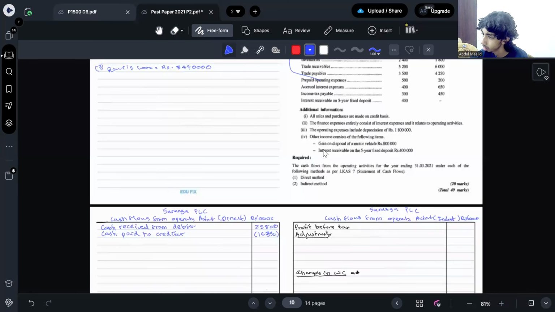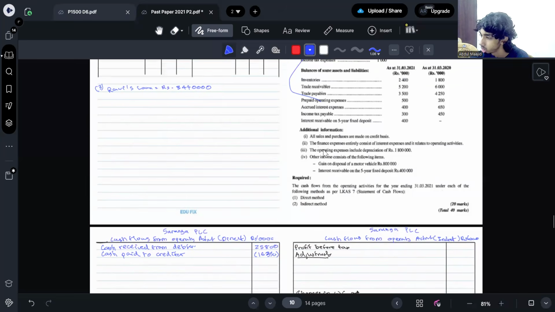Then next, the finance expense entirely consists of interest expense and it relates to operating activity. The operating expense includes depreciation of 1,800. So finance expense, interest receivable is there, accrued interest expense is there. Interest income is the investing activity. Operating expense, finance expense.